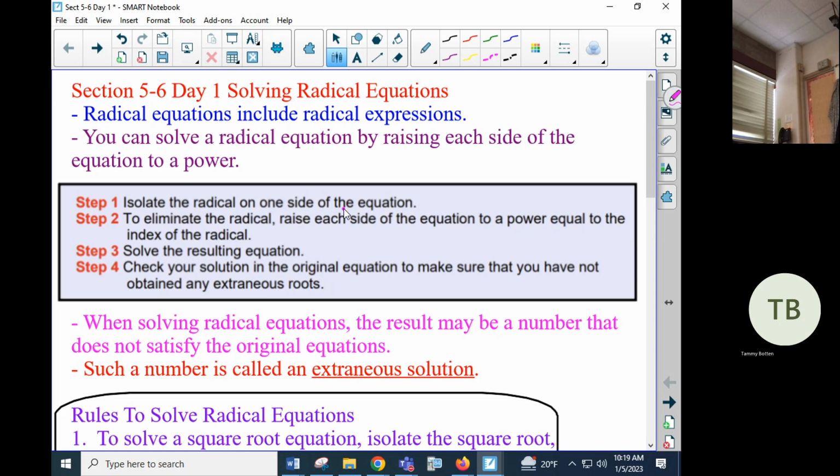And then in these problems, there's times that you'll get an answer and it won't work. So what they have you do then is check your solution back in the original equation, and then you can tell if you got it right. With you guys being the regular Algebra 2 class, I didn't put any in that are no solution.